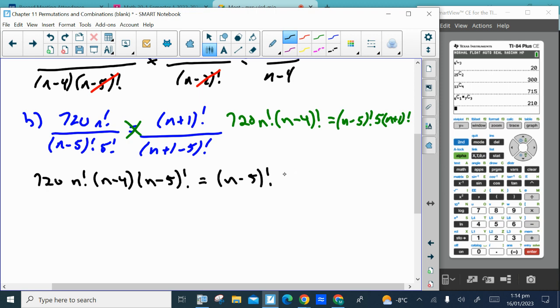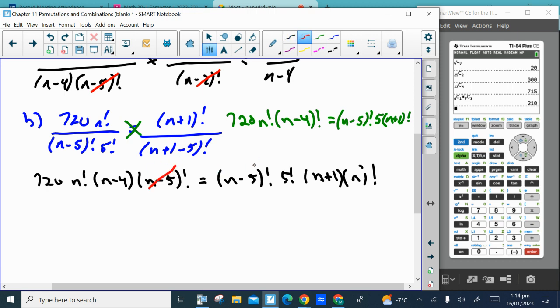I've also got an n plus 1 factorial on the right side. So I'm going to expand that one. The next one after n plus 1 factorial will just be n, which I'll stop and put a factorial on that one because I have an n factorial on the left side.